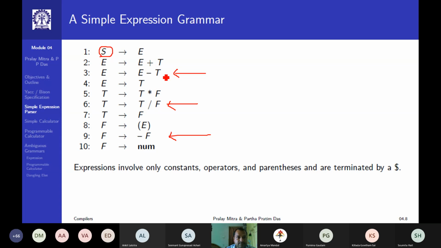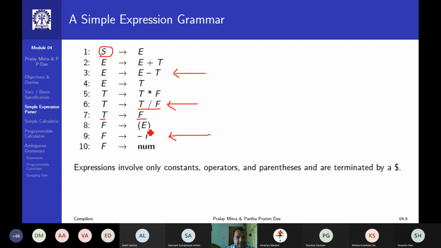S is my start symbol. Expression derives expression addition T, expression subtraction T, or expression can be a term. T means term. T derives T multiplication factor, T derives T division factor, or term derives factor.